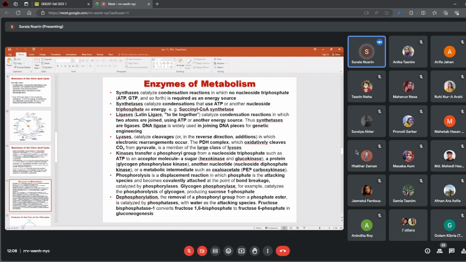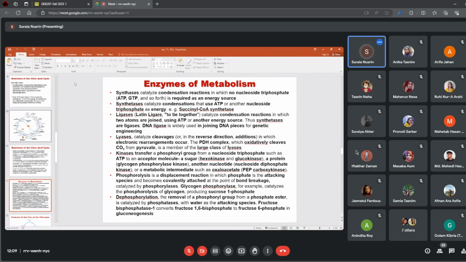Because they function the same way as the synthetases, we can say synthetases are ligases. Another best example of ligase is DNA ligase, which is a very important enzyme in genetic engineering that is used to join DNA fragments together.